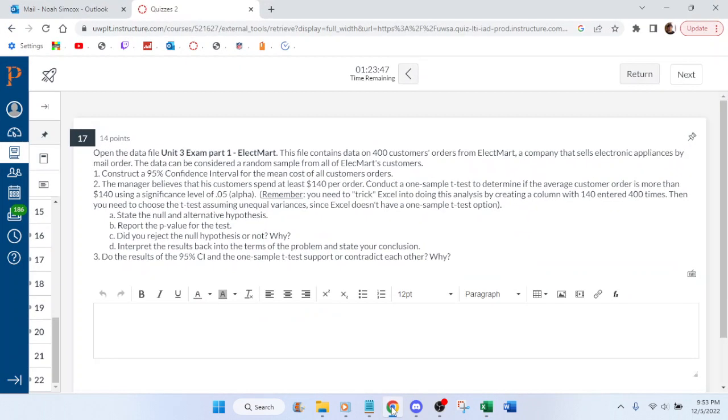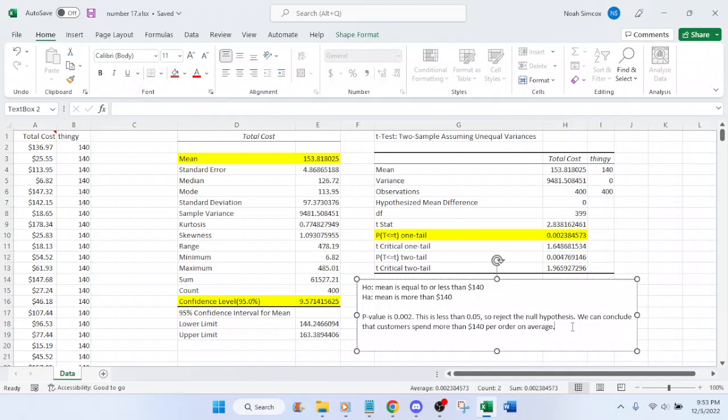And what else? Do the results of the 95% confidence interval and this one sample t-test, okay, so yeah, I know about that one.